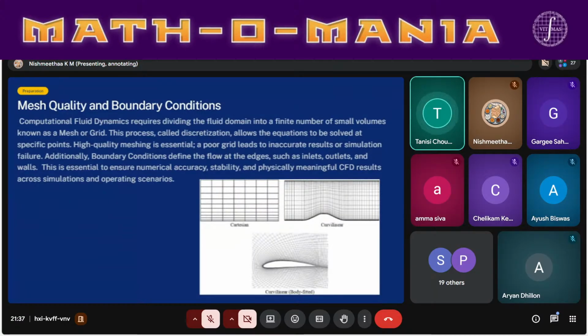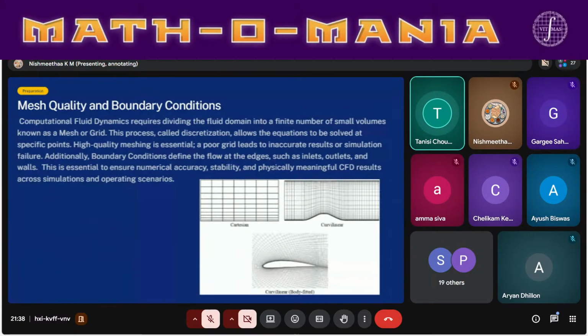And the second factor is boundary condition, where you define how the fluid is behaving at the boundaries of the domain. At the inlet, we usually specify the velocity or mass flow rate, while at the outlet we specify the pressure, and at the walls we apply the no slip condition, meaning velocity at the wall is zero.